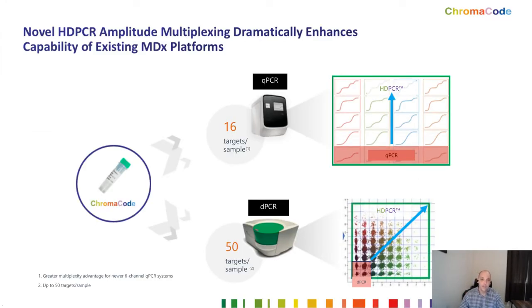In our case, what we're interested in is compressing information into qPCR signals. So you can get 16 targets in a 4-channel qPCR system, 50 targets in a 5-channel digital PCR system, as an example. So we're interested in utilizing those tools to compress more information into the same qPCR signal. In other cases, such as cell sciences or other image recognition algorithms, you're looking at different stains or different images to try and extract features.